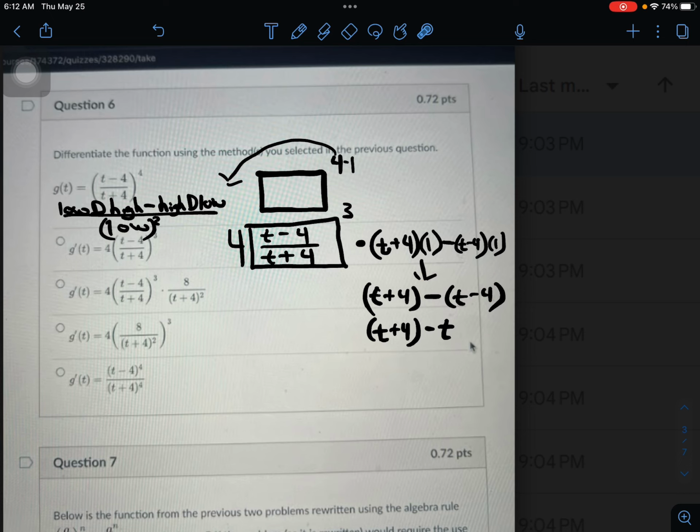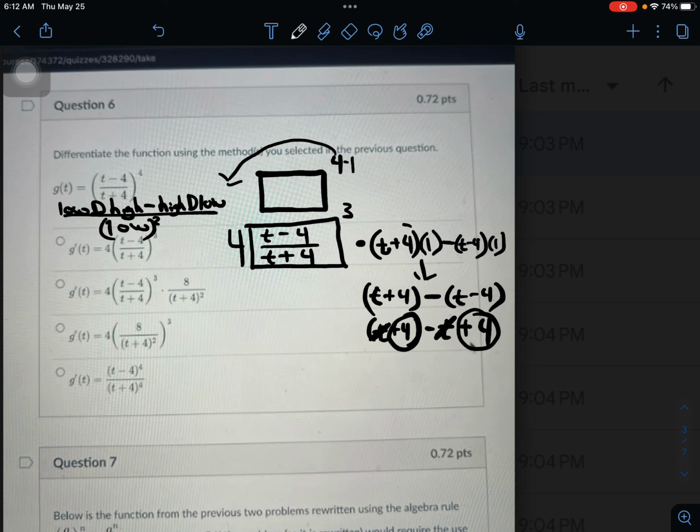So that's going to be plus 4. And finally, t right there, minus t, that's 0. The t's are gone. t minus t is 0. And then I have 4 plus 4 is 8.